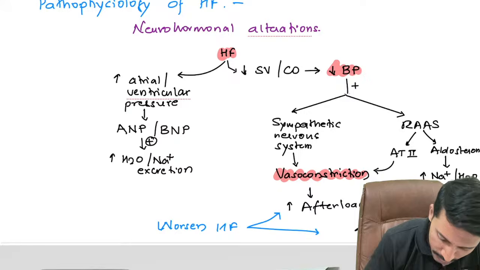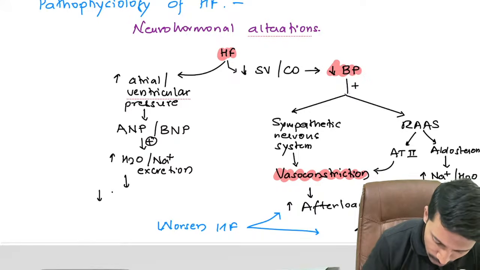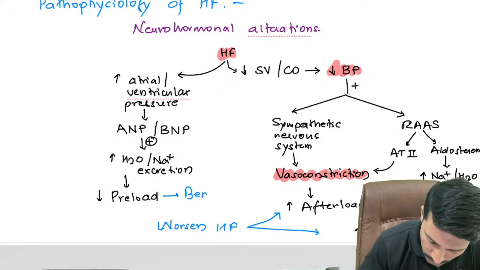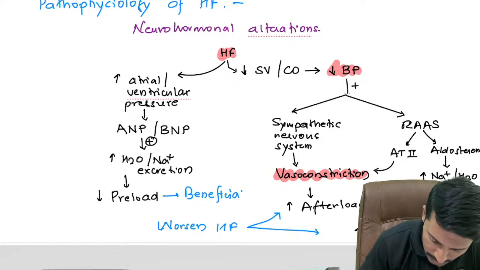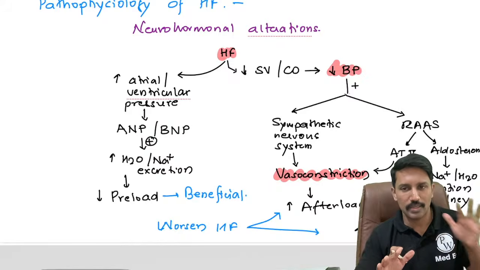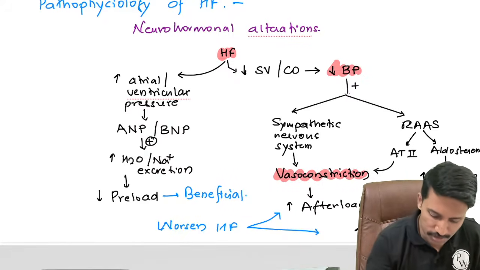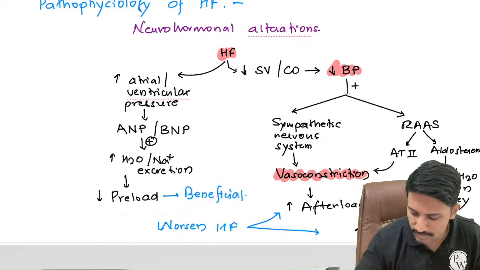By doing so, they are decreasing the load on the heart. Preload gets decreased, right? So this is beneficial. One pathophysiological change is unburdening the heart, the others are burdening the heart.